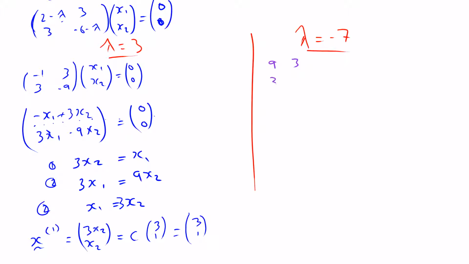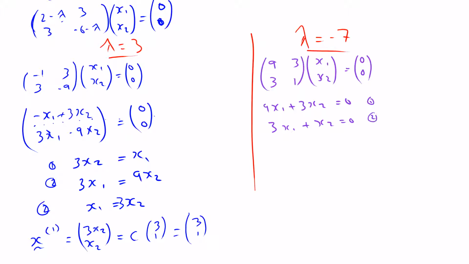Then 3, 3, -6 minus -7 is 1, lots of x1, x2 equals 0, 0. Multiply that out: 9x1 plus 3x2 equals 0, and 3x1 plus x2 equals 0. Now if we take the first equation here, we've got x2 equals -3x1. So I've just taken away the 9x1 and divided the whole equation by 3.